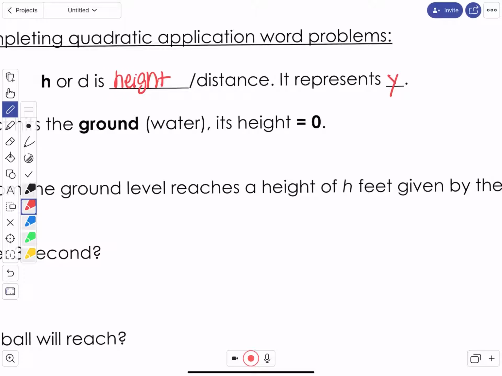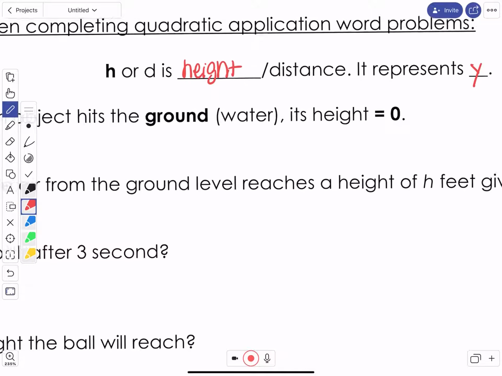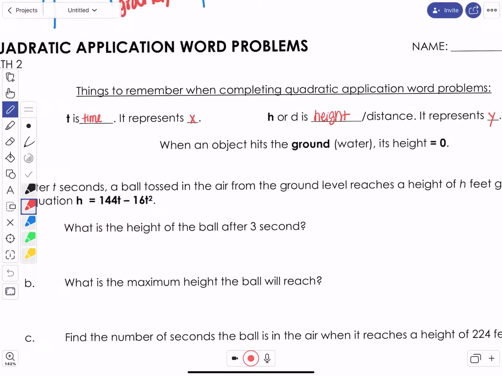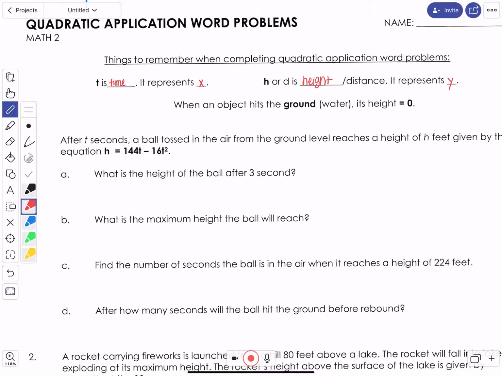It's going to represent going up or down. Now when you are typing this into Desmos, it's always a good idea just to use x and y. So don't type in your other variables. Always use x and y when you type this into Desmos, okay?